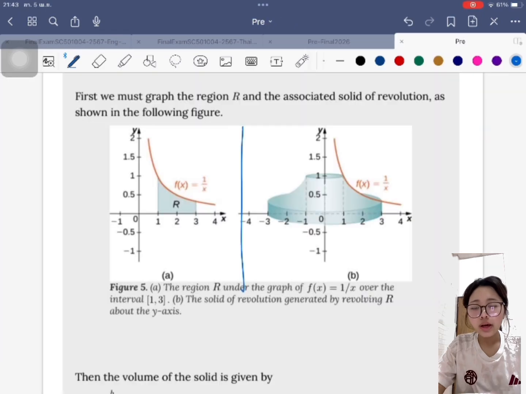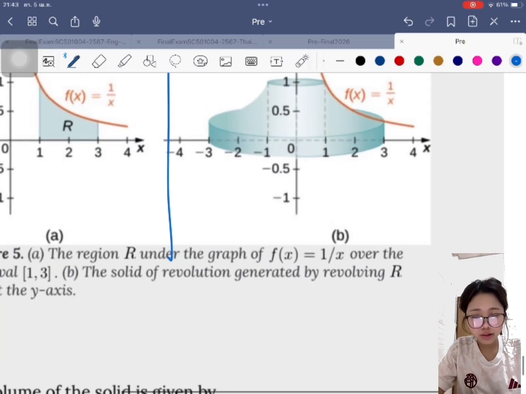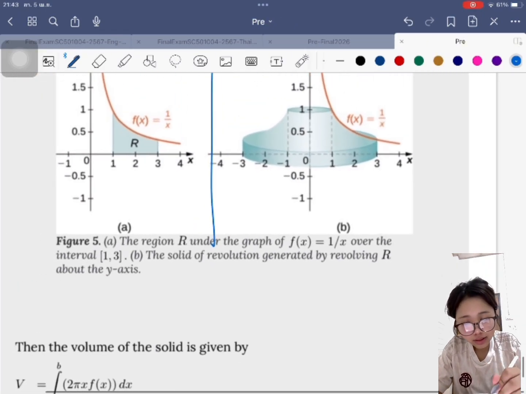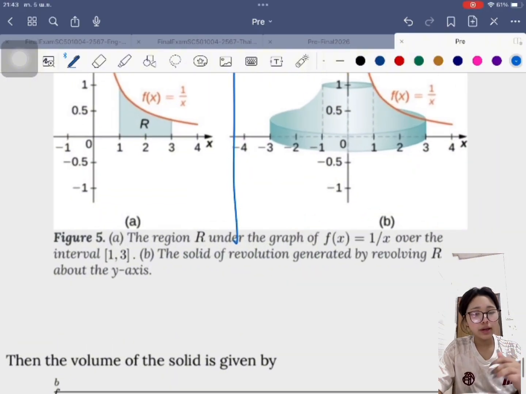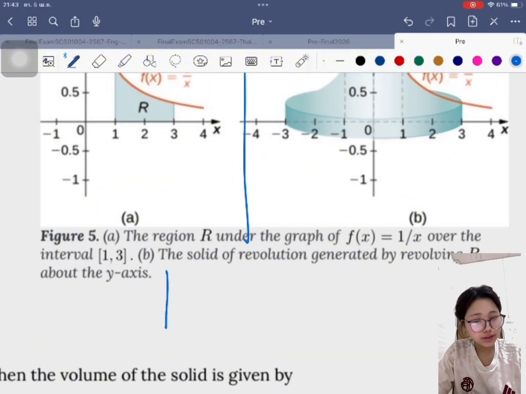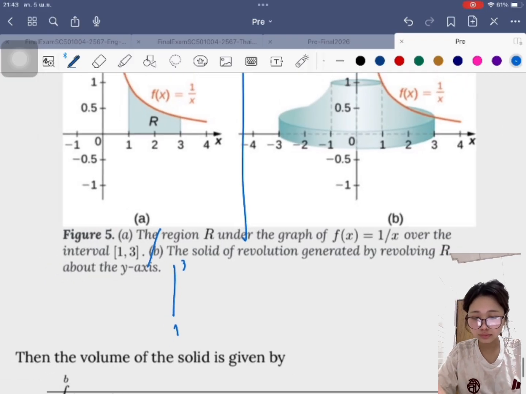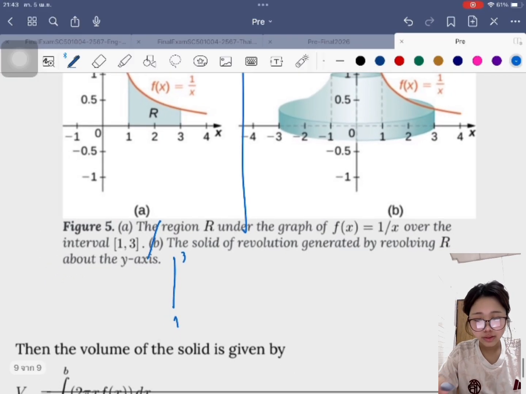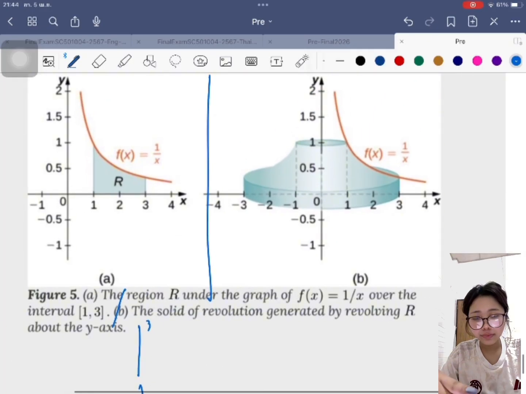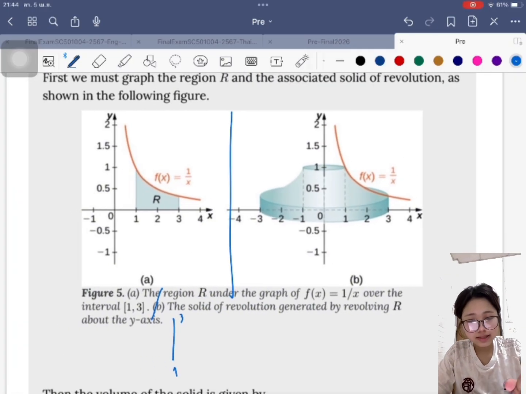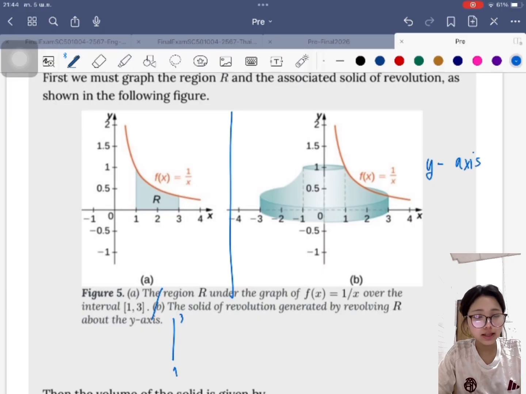So the technique we have just described is called the cylindrical method. To apply it, we use the following steps. We see figure A and figure B. One is 3 dimensions and one is 2 dimensions.